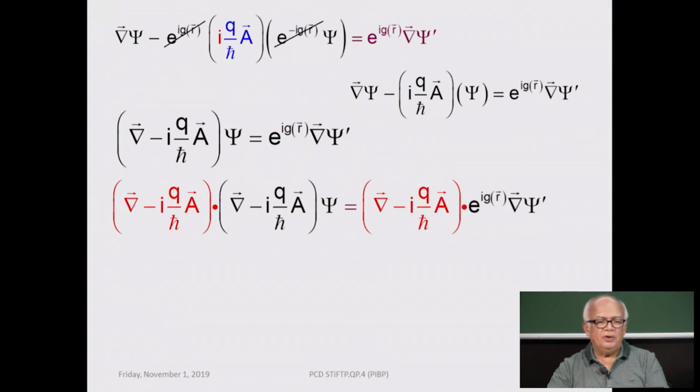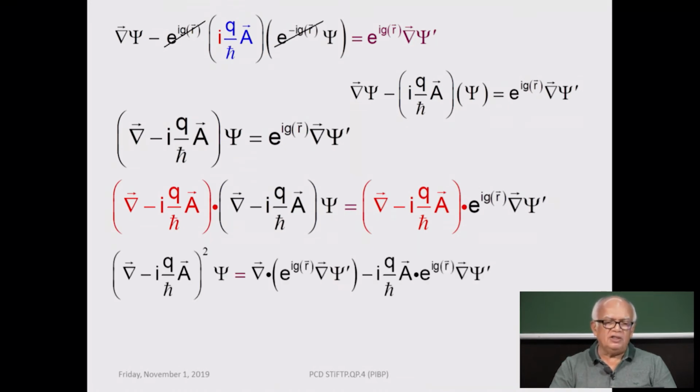On both sides you operate by the operator which is in this red color. If there was no vector potential, it would be like taking the divergence, but you have that vector potential. So, you take the divergence and add another scalar product, okay, and scale it by minus iq over h cross. That's what, it's as simple as that.